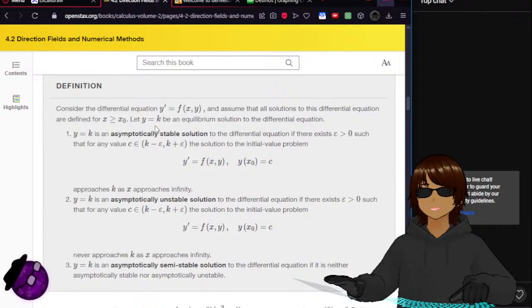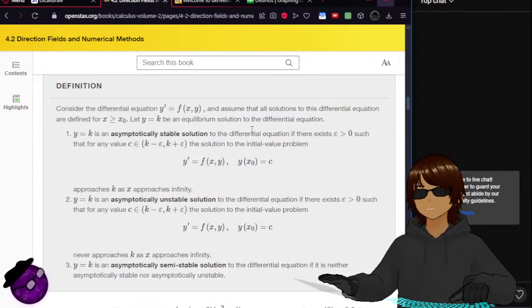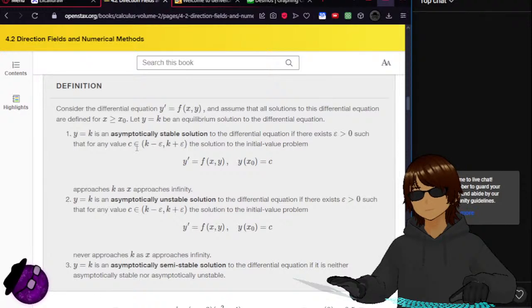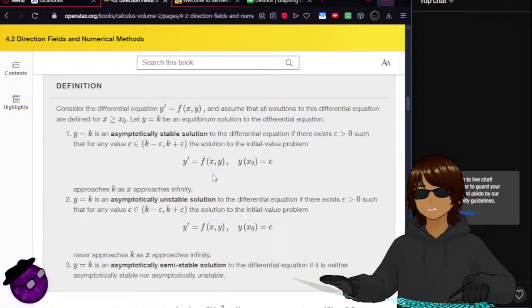Let y is equal to k be an equilibrium solution to the differential equation. y is equal to k is an asymptotically stable solution to the differential equation if there exists epsilon more than 0 such that for any value c, which is an element of k minus epsilon and k plus epsilon, the solution to the initial value problem approaches k as x approaches infinity.